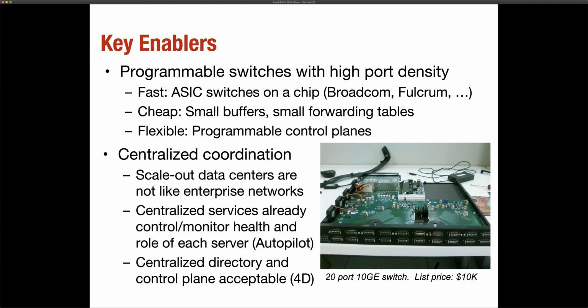But all these ideas that were there in 2009, that it is possible to enable centralized coordination for these dumb switches that are sitting in the network, right? And 4D is a paper that we discussed very briefly in the earlier part of this class, which was one of the first papers which argued how we can have this management layer which enables centralized coordination for devices on a network.